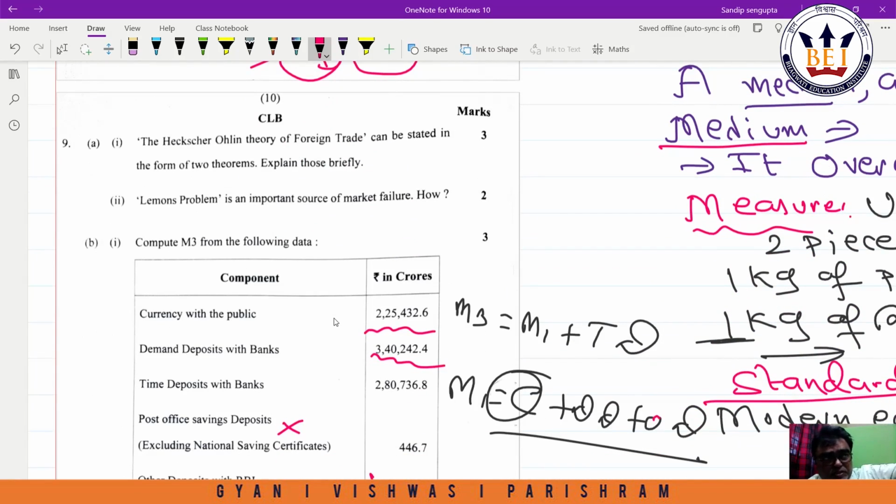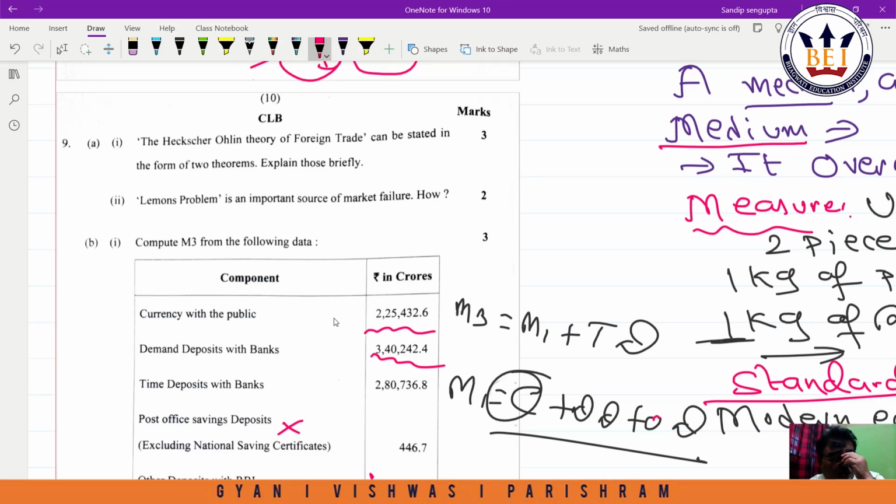Heckscher-Ohlin theorem, 2a. One is Heckscher-Ohlin theorem, factor price equalization theorem, anything can be said. Factor endowment, factor intensity. The factor intensity means those who are capital intensive should produce that, those labor intensive should produce that.